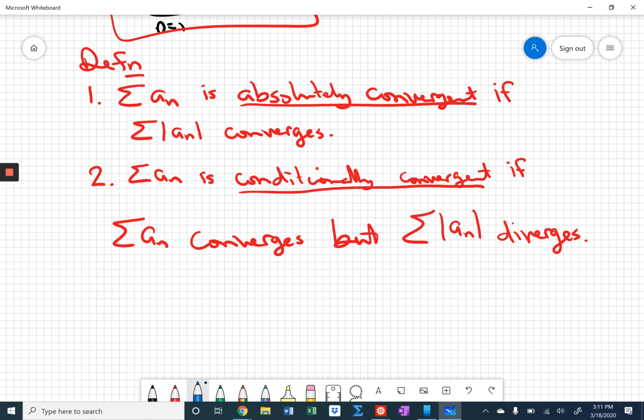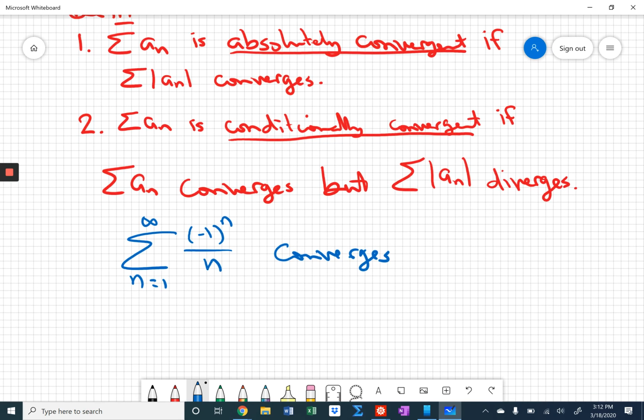Now, do we know any conditionally convergent series? We actually do. Let's think for a moment here. We've shown and talked about the alternating harmonic series already, and we know that this converges. It doesn't matter where you start it. You started with a positive, you started with a negative, it's still going to converge. But we know the harmonic series itself diverges, which is the absolute value of the terms in the alternating harmonic series.